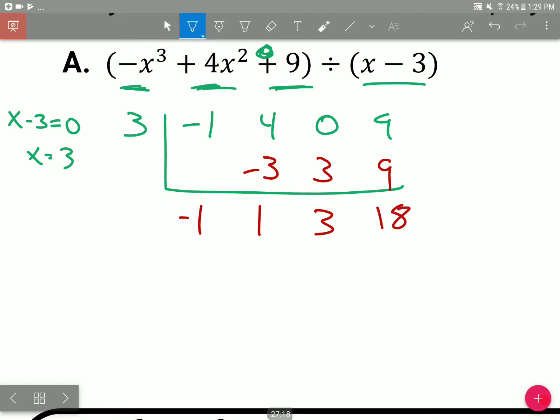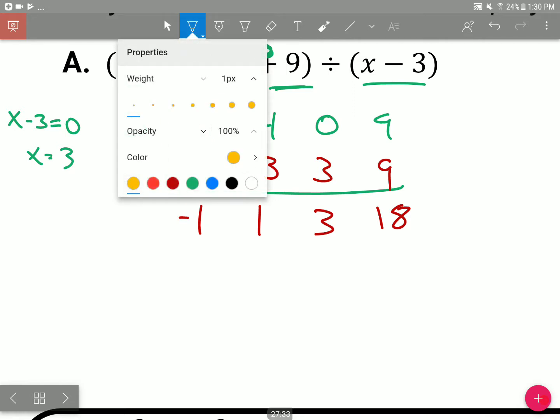That's the whole process. And that's it? That's it. I took this one, I dropped it, then multiply by 3, add. Multiply by 3, add. Multiply by 3, add. This, the 18, is my remainder.